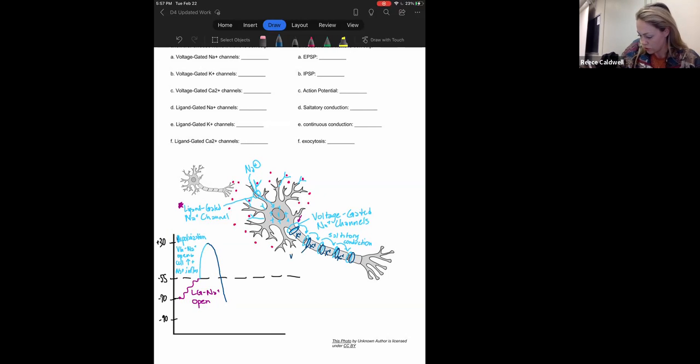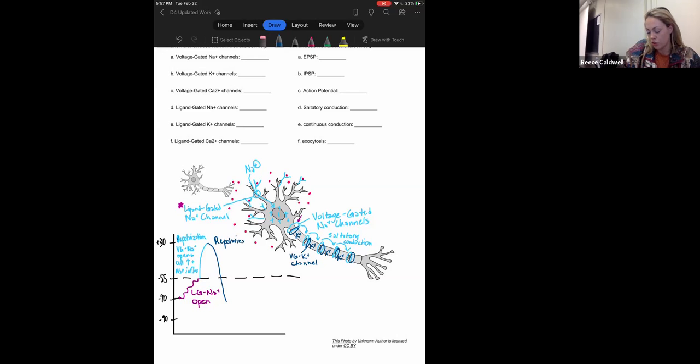So these are voltage-gated potassium channels. And when we open those, we see potassium flows out of the cell because potassium exists in higher concentrations inside and is going to flow with its concentration gradient to outside of the cell. So what we call this is repolarization.